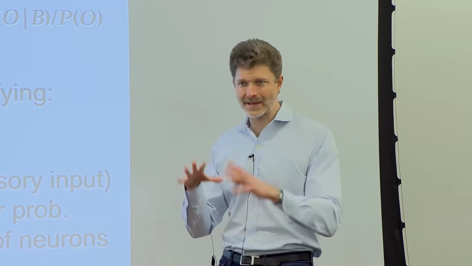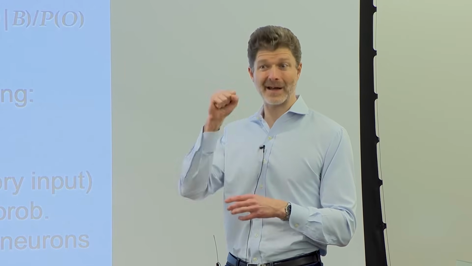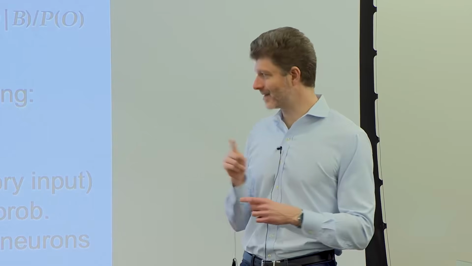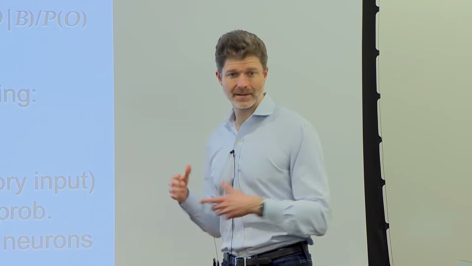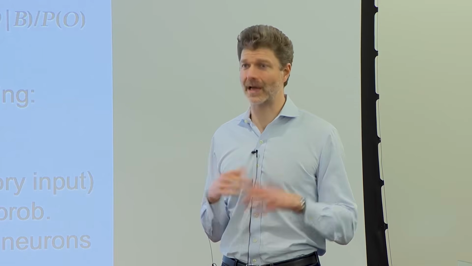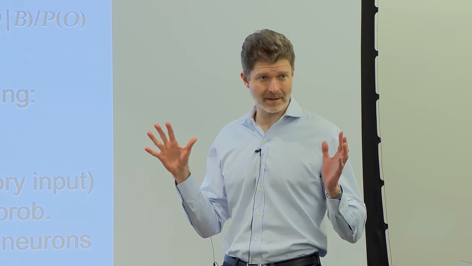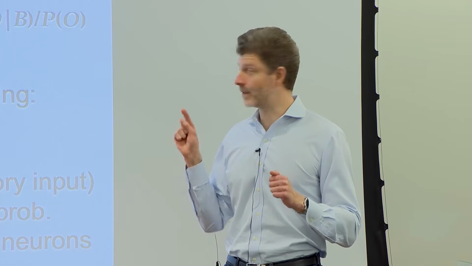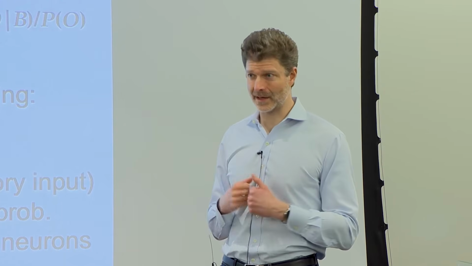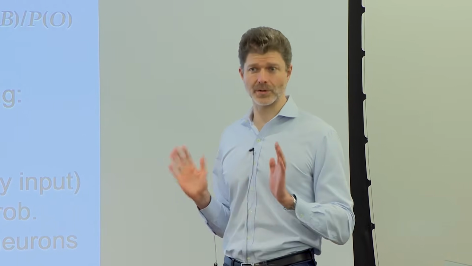But the whole idea behind perceptual inference is that you want to find the hypothesis that gives you a high value for the posterior. And so that means you need some way to find the hypothesis that has, say, the highest posterior probability. In practice, that is often highly non-trivial, because the space of all the hypotheses may be enormous, and the posterior distribution may be multimodal, so finding the hypothesis that has the highest posterior may be a really difficult search problem.